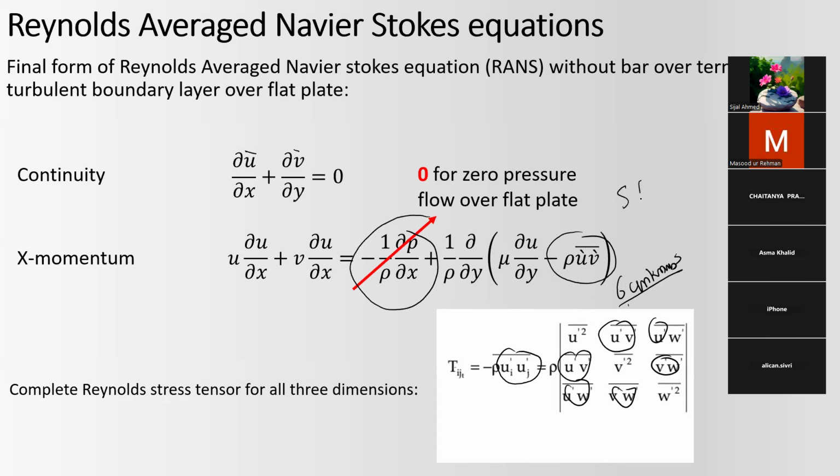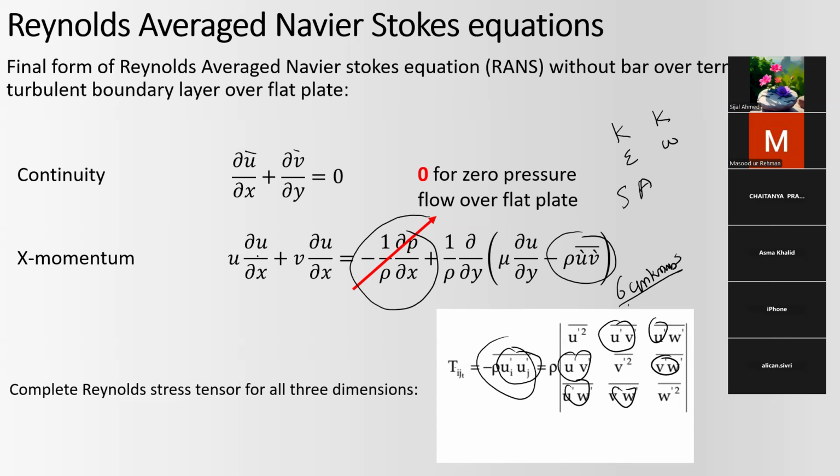For the SA model, you solve 1 equation. For the K-omega and K-epsilon models, you solve 2 equations: 1 for K and 1 for epsilon, or 1 for K and 1 for omega. So at the end of the day, what we are going to determine is this term here.